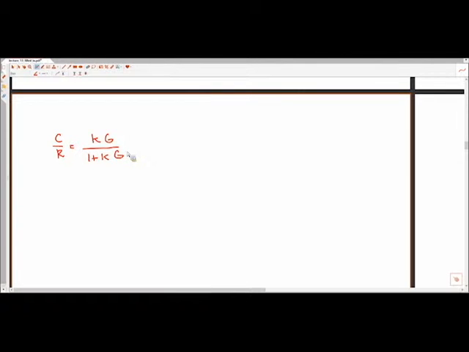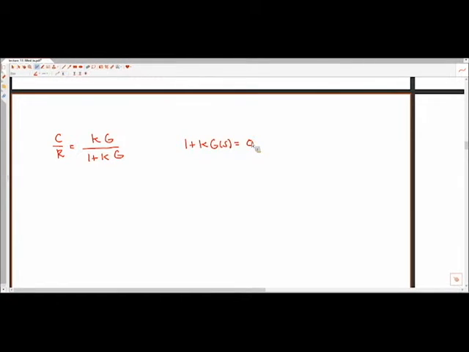In other words, we're looking at what are the poles of C over R. The poles live in the denominator of this transfer function. So we are trying to evaluate this equation, 1 plus k g of s is equal to 0.